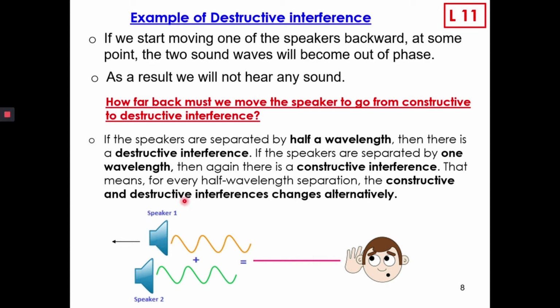When the speakers are separated by half a wavelength, meaning the difference between the sound wave from the first speaker and the sound wave from the second speaker is half a wavelength, we cannot hear any sound because the result is destructive interference.